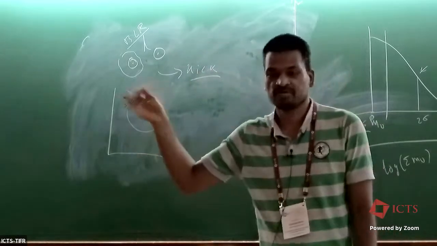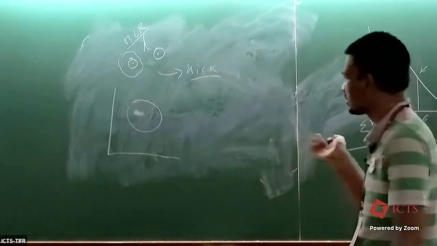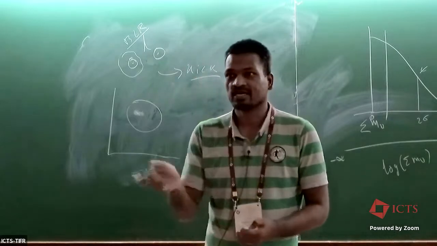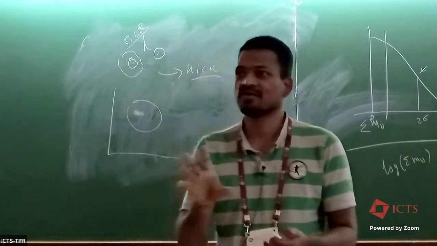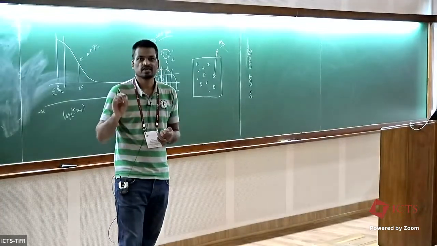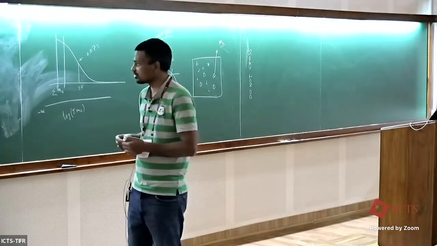There are some observations which indicate BLR regions off-centered from the galaxy, but we do not know. The other way around is not guaranteed. If you see a BLR region off-center from the galaxy, it's not necessarily a signature of a kick velocity. So you have to rule out the other possibilities.